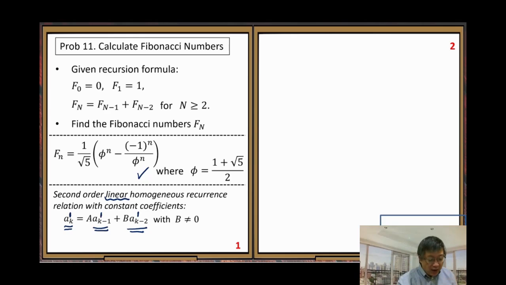Here, let me give you the nonlinear case. If any of the sequence numbers is not taking degree 1, it is nonlinear. Very simple. For example, if I write this way, A sub k equals A sub k minus 1 squared plus A sub k minus 2.